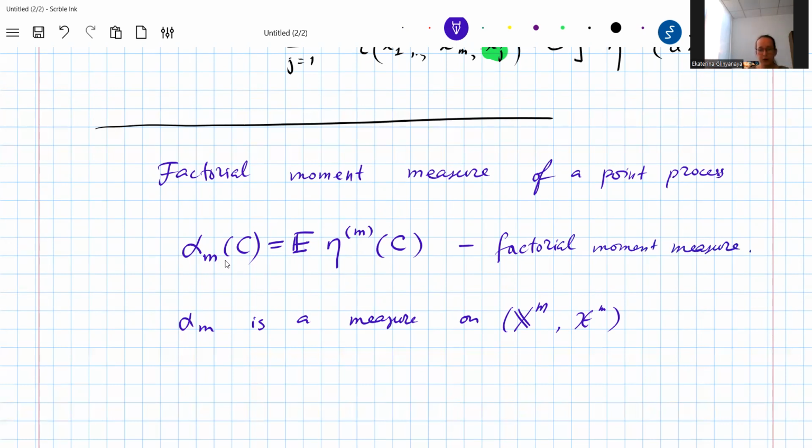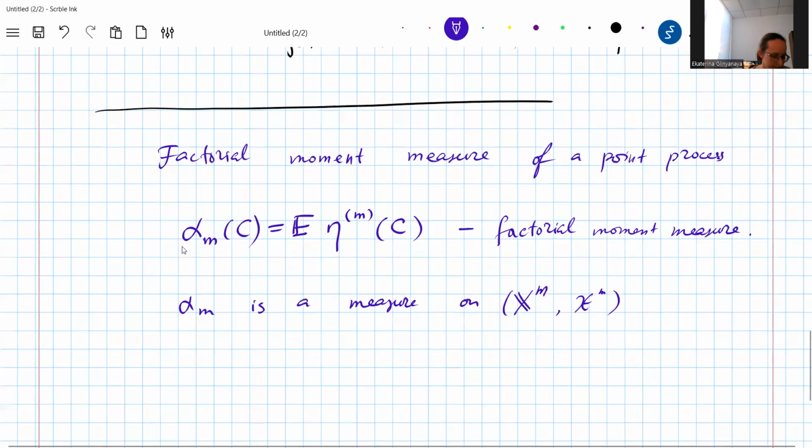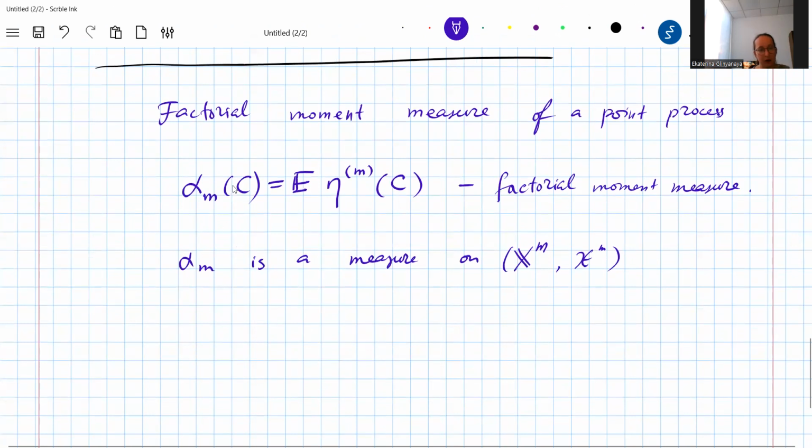And we stopped on the statement that says under what condition on factorial moment measures we will have uniqueness by the distribution of the point process.